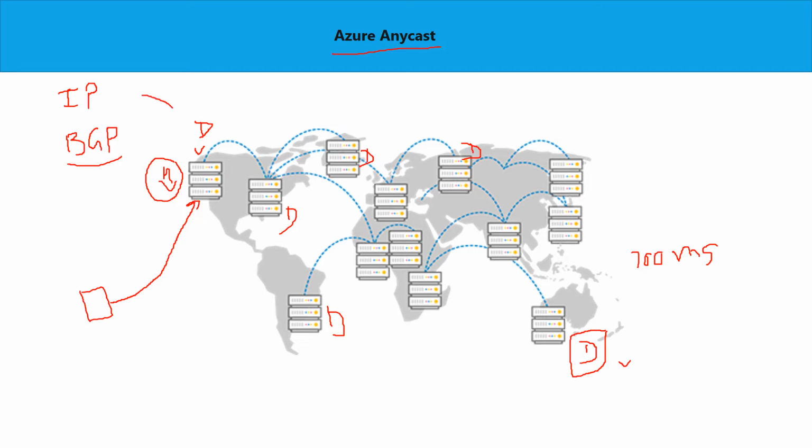If somebody launches a DDoS attack on this location and it goes down, my routing table will take me to the next available DNS server, which can be this data center. So my DNS services are up all the time. It protects from DDoS and gives lower latency, so my user experience is better. That's the reason we go for anycast, and Azure is providing those DNS anycast services.